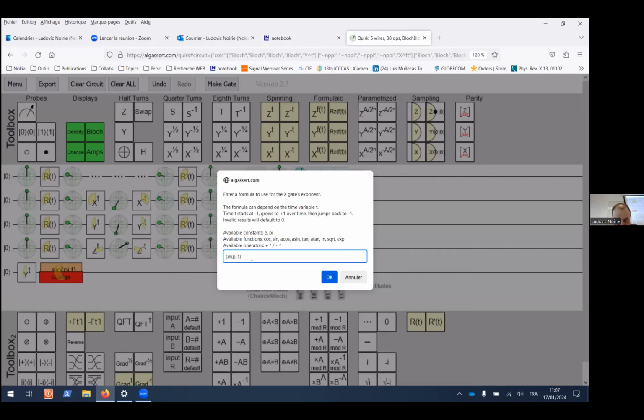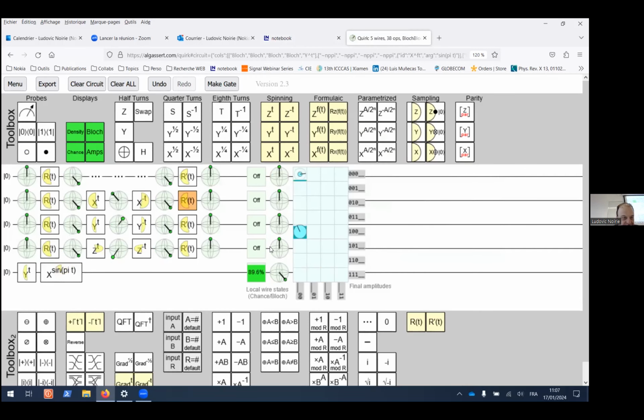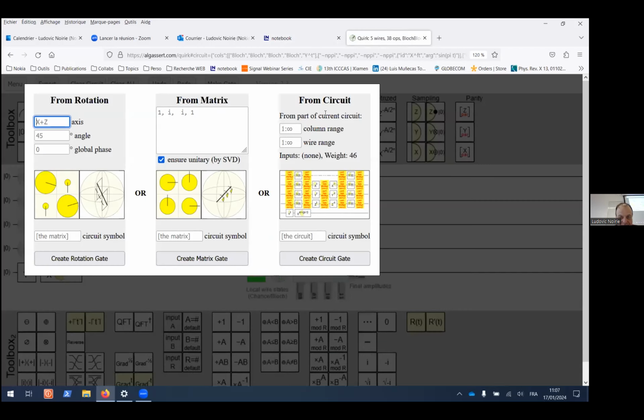So sine of pi, it is the default function that is given, this one. And then I want to have a gate that does this. So how do I do that? I use the third possibility here, just select a part of the circuit I have. So in terms of column, it is the first and second column.